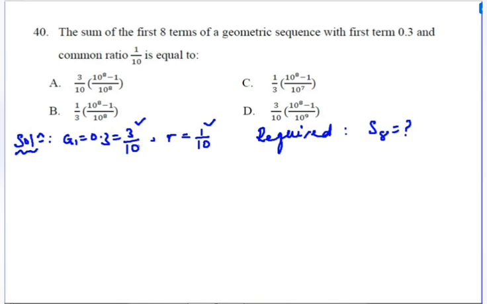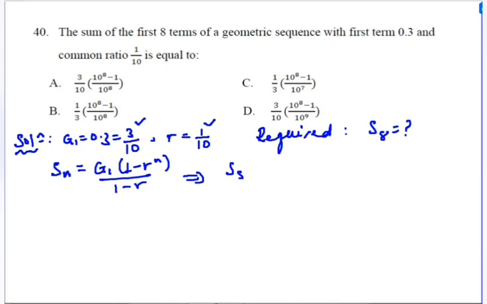Here we need the formula for the sum of a geometric sequence. The sum of the first n terms of a geometric sequence is given by G1 times (1 minus r to the power of n) over (1 minus r). Put n equal to 8.